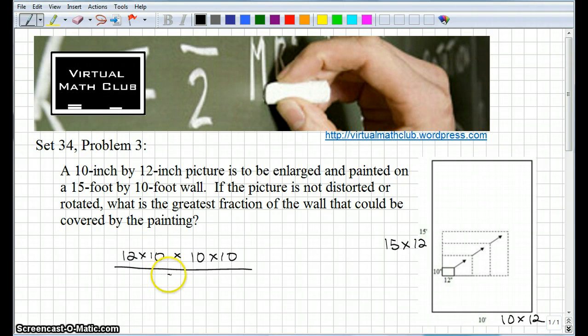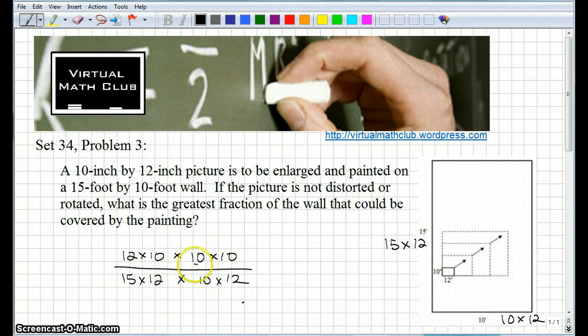And for the total area of the wall, we want these units to be compatible, so that's why I converted this to inches. So we have 15 feet times 12 inches per foot, and we have 10 feet times 12 inches per foot.